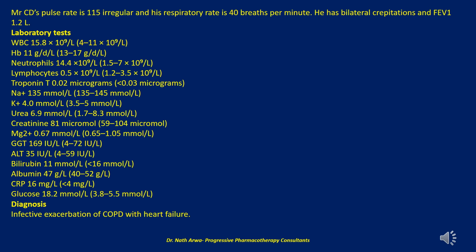Albumin 47 grams per liter. The normal range is 40 to 52 grams per liter. CRP 16 milligrams per liter. The normal range is less than 4 milligrams per liter. Glucose 18.2 millimoles per liter. The normal range is 3.8 to 5.5 millimoles per liter.